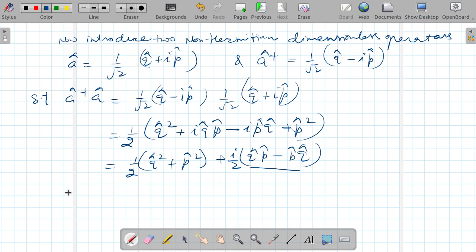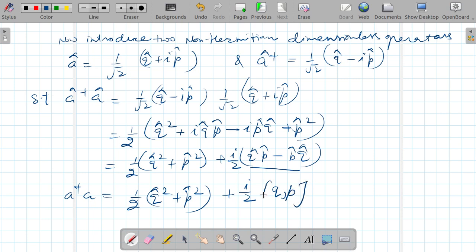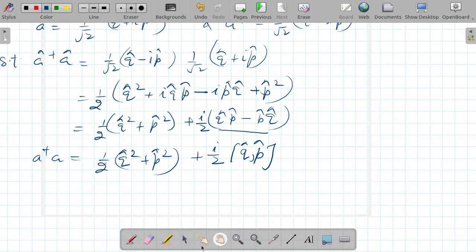That means A dagger A is equal to 1 by 2 (Q square plus P square) plus iota by 2 times the commutator [Q, P]. And the value of this commutator is equal to iota.